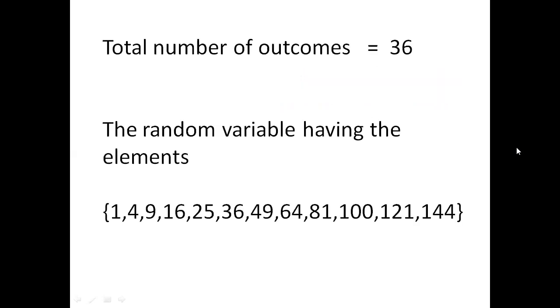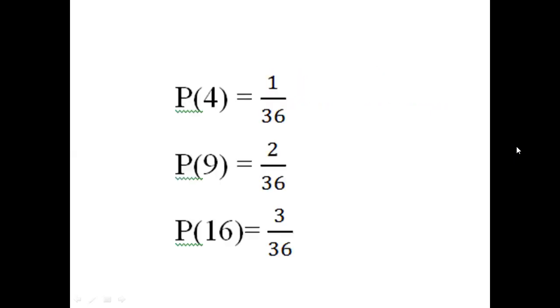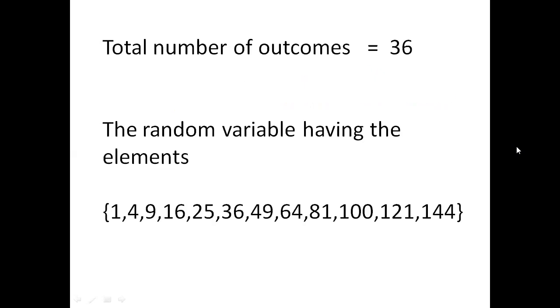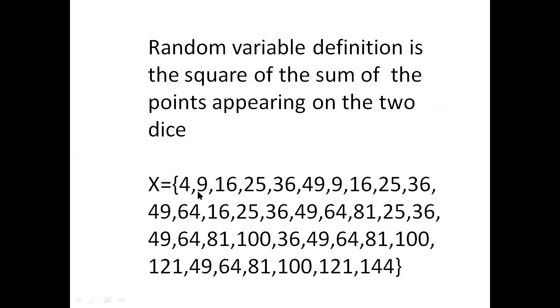Based on the random variable event, we get the number of favorable outcomes. Take the first event, that is 4. So probability of 4. The number of favorable outcomes: 4 occurs how many times? Only 1 time.